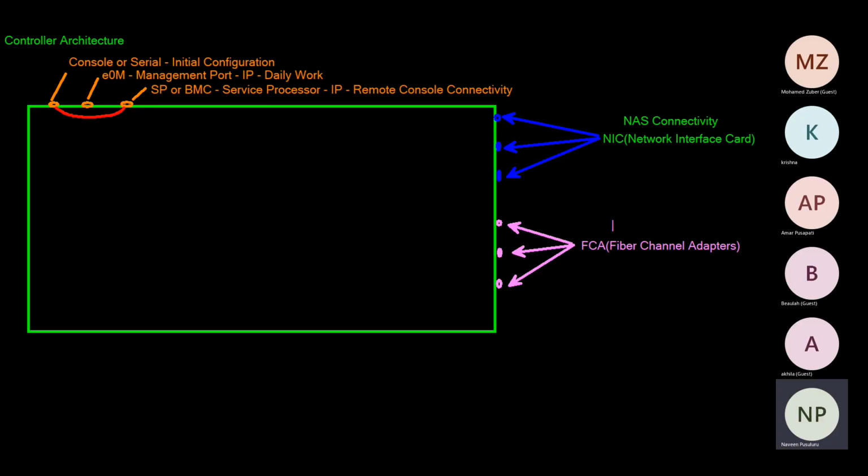What is the purpose of the fiber channel adapters? For SAN connectivity. With the help of these fiber channel adapters, our controller will be connected to the SAN network, the storage area network, and will serve the storage to the clients. Our clients will be able to access the storage on top of this controller through these ports. Again, the number of ports depends on the controller.